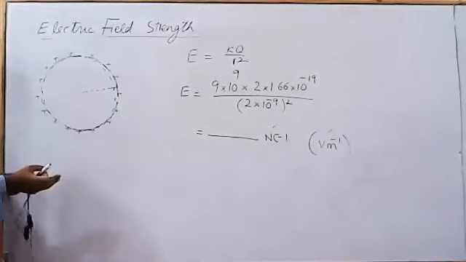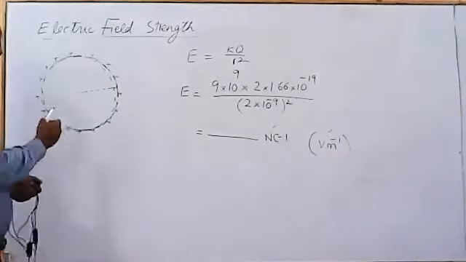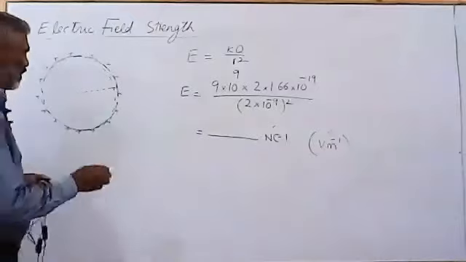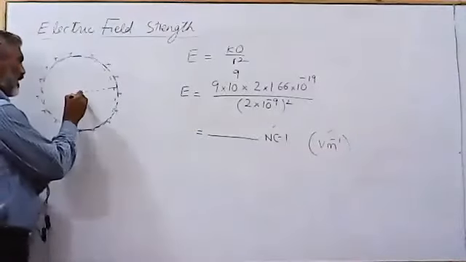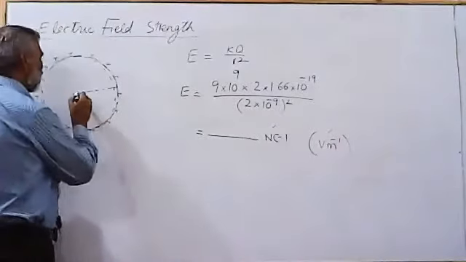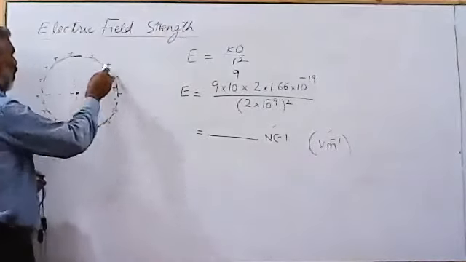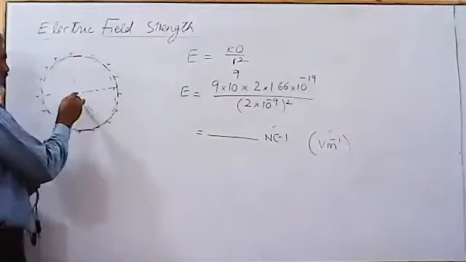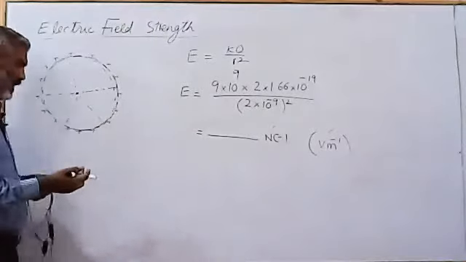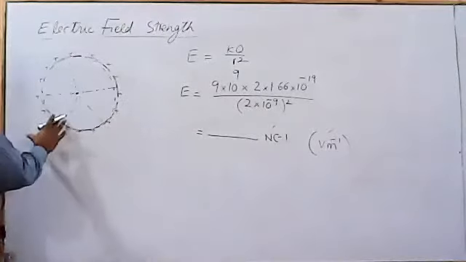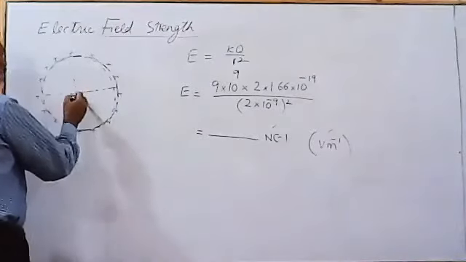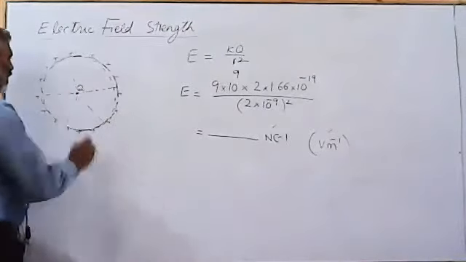So it's not different from the picture that I have drawn already, with a charge centered here and its field lines made like this. So all this charge is actually concentrated here.